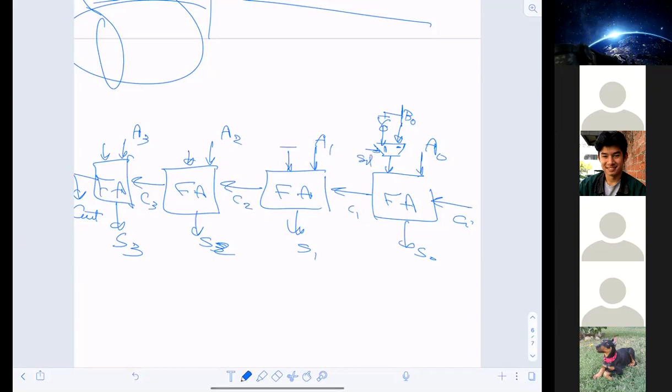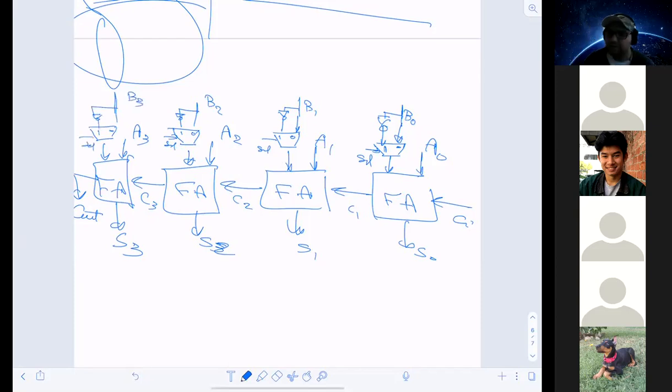Then the same thing: a multiplexer with 0 and 1 inputs, B1, and a selector. Another multiplexer for B2 with its selector, and another for B3 with its selector. Do you agree?